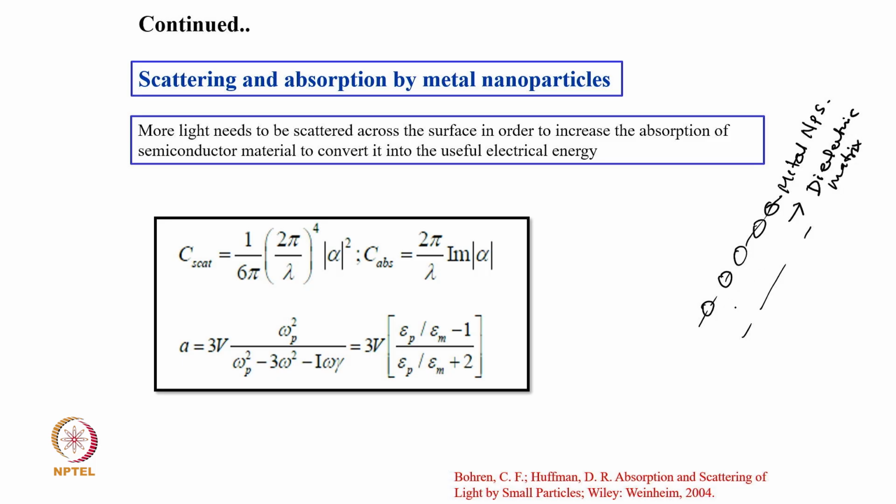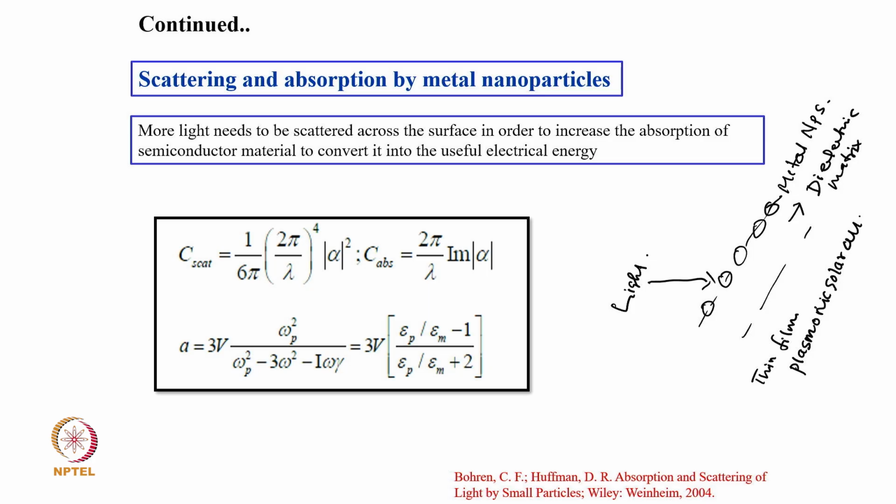This is a typical configuration of a thin film solar cell or a plasmonic solar cell. And light falls. So some light gets scattered, some light gets absorbed.